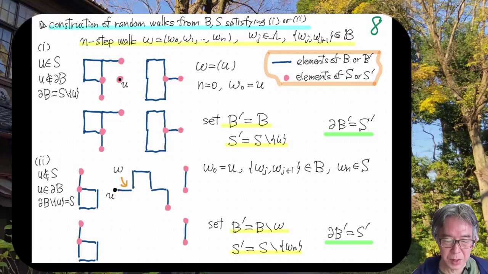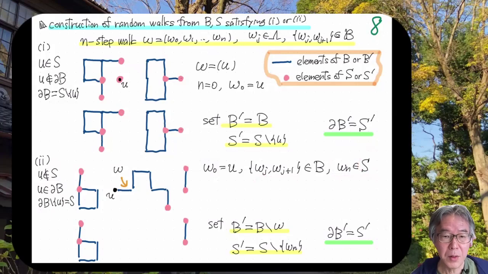And in this case, this is our random walk. So this random walk is chosen so that the initial point W0 is equal to U, and each step belongs not only to this curly B, but belongs to B. And finally, it ends on a site in S. Okay, so this is our construction.